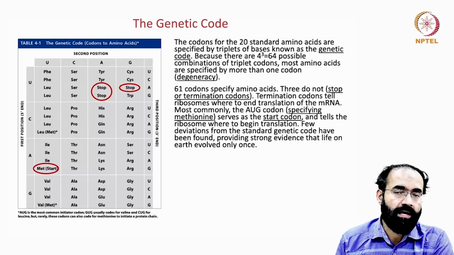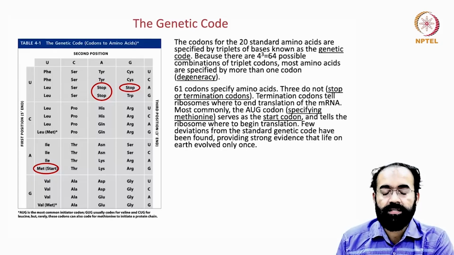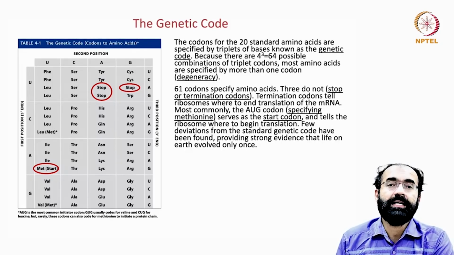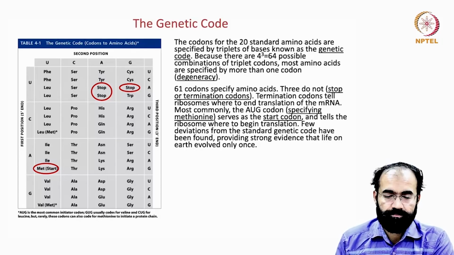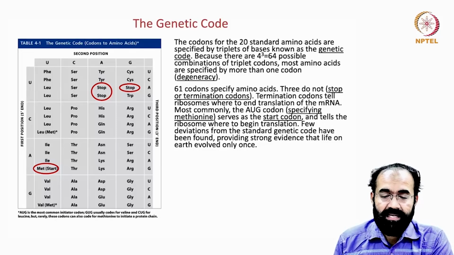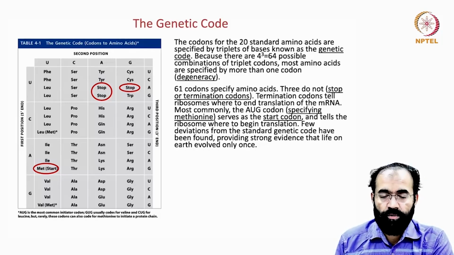And Hargobind Khorana is one of the Indian origin scientists who contributed significantly to the discovery of genetic code, and he was awarded Nobel Prize. So because there are 4 bases and you group them into 3, 4 raised to 3 is equal to 64. Basically it means 4 into 4 into 4 possibilities are there.